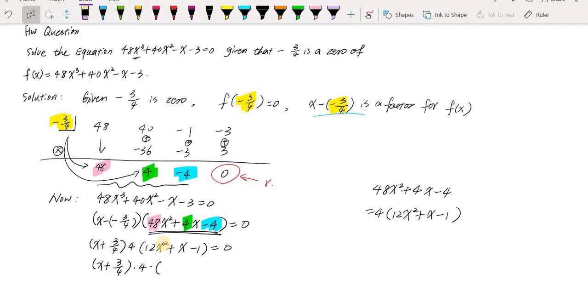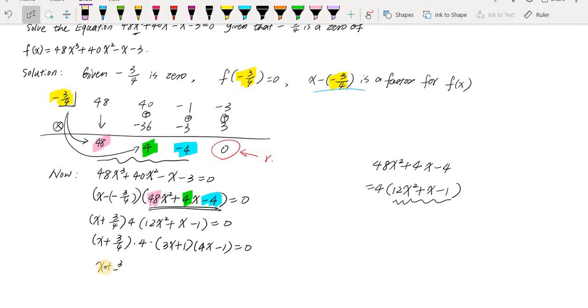So I can actually factor this piece, 12x squared plus x minus 1. That will be 3x plus 1 and then 4x minus 1. That's how we factor it. So then we're going to set this up: it's going to be 0, and then we have 3x plus 1 is 0, and also 4x minus 1 is 0.